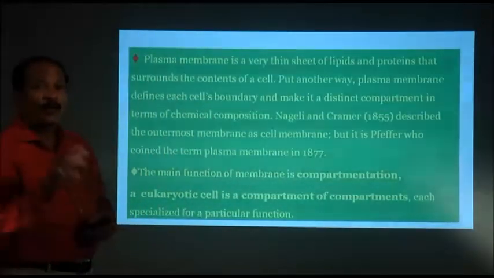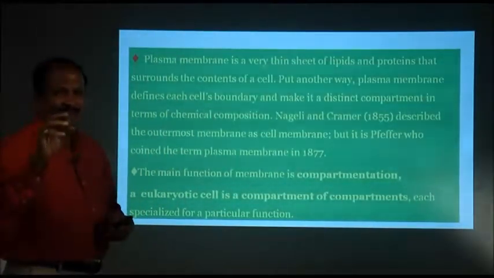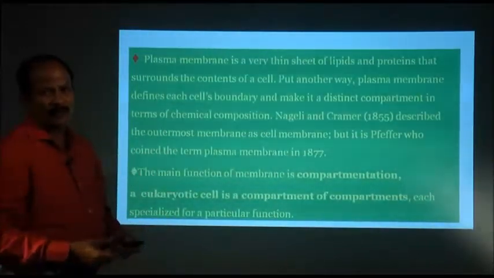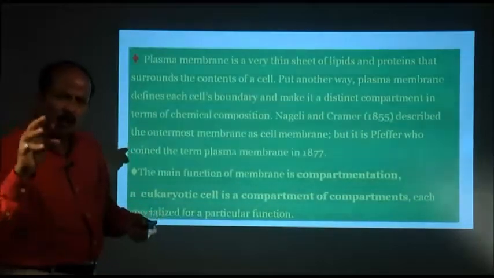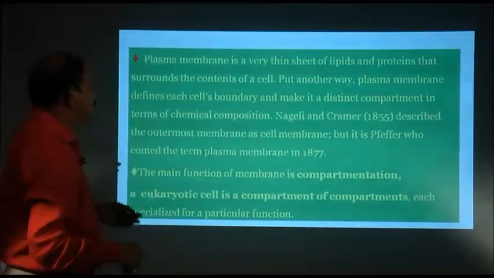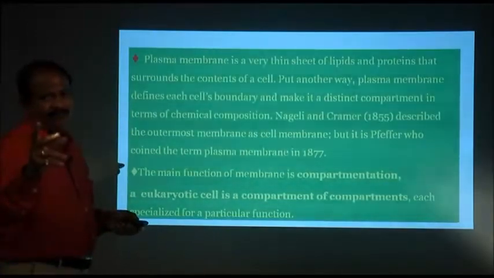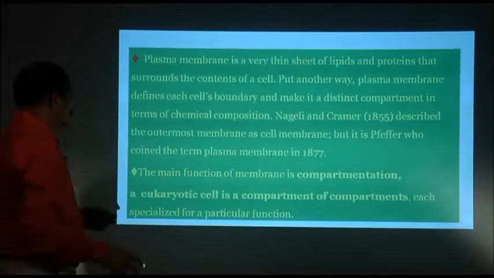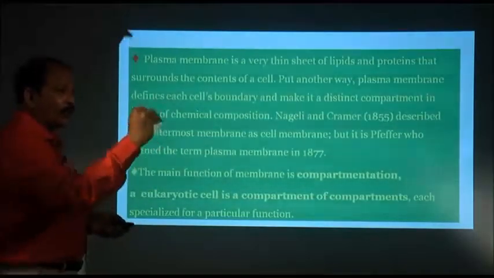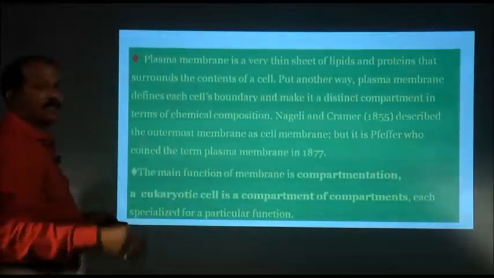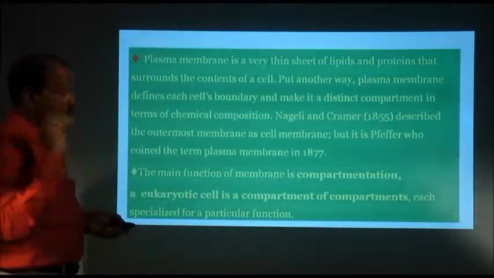Similarly, chloroplast is a compartment, mitochondrion is a compartment, endoplasmic reticulum is a compartment. So, several small compartments are within a big compartment, that is your plasma membrane bound cell. In addition, outer to the plasma membrane, there is the cell wall that we have discussed earlier.